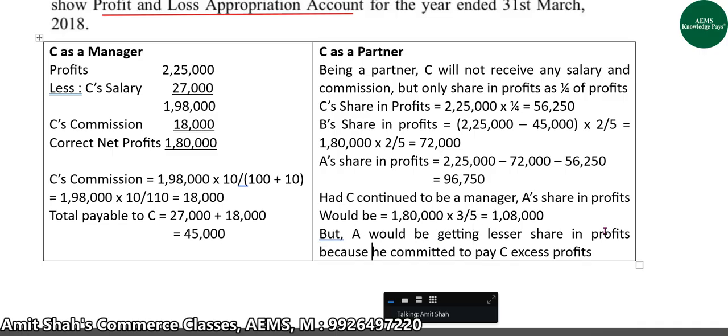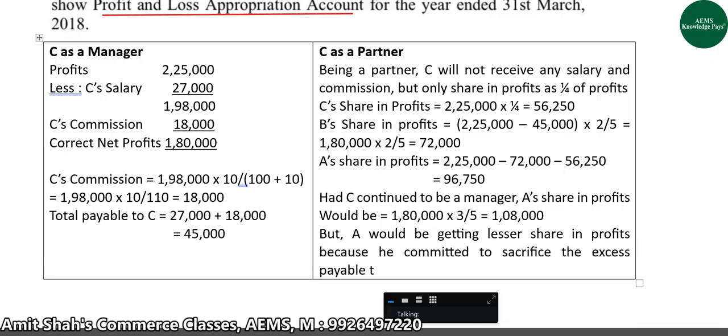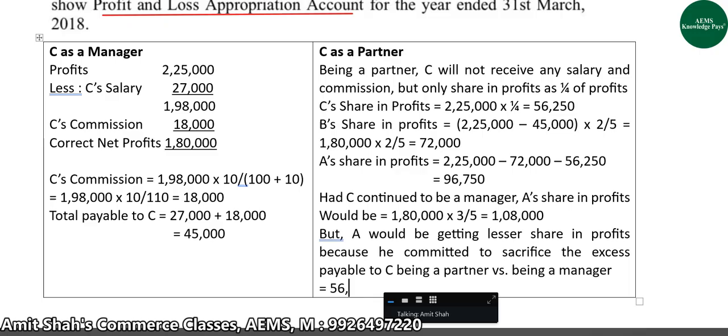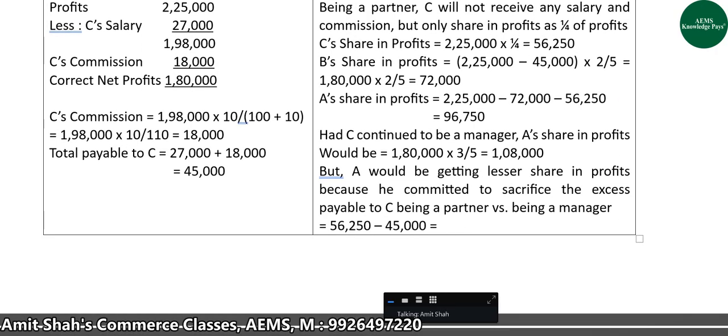But A would be getting a lesser share in profits because he committed to pay C, or he committed to contribute, or rather sacrifice the excess payable to C, being a partner versus being a manager. And that amount is 56,250 minus 45,000, that is 11,250.